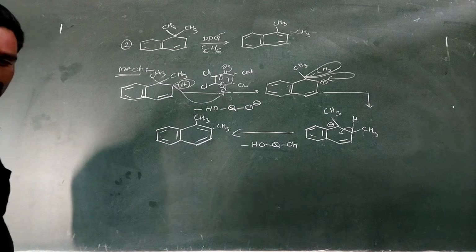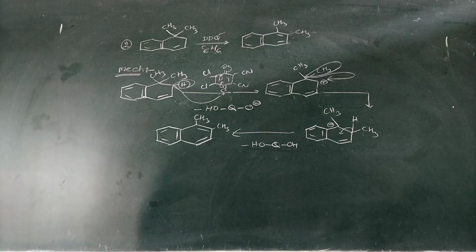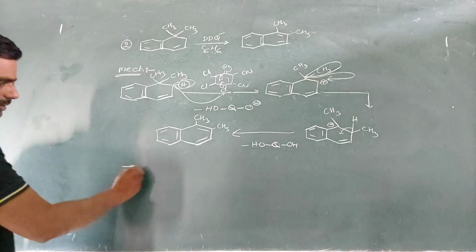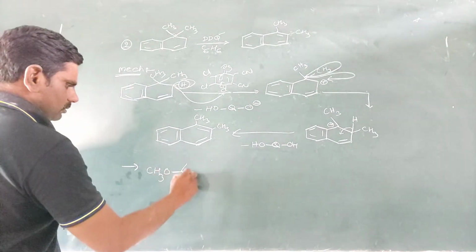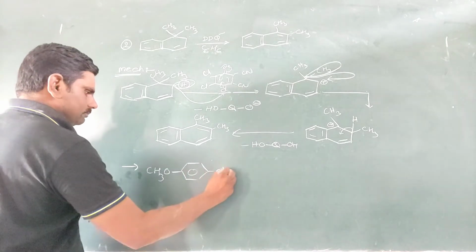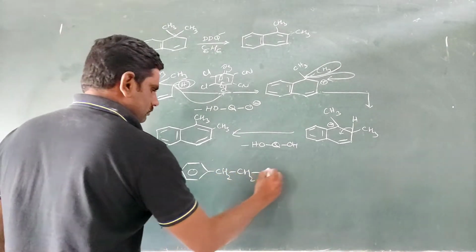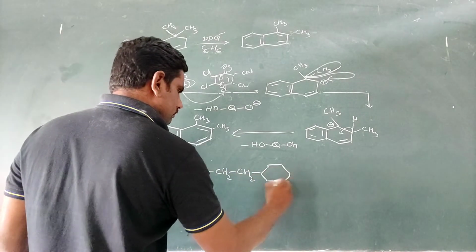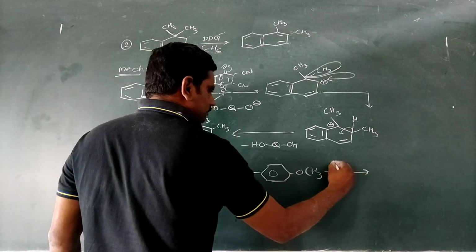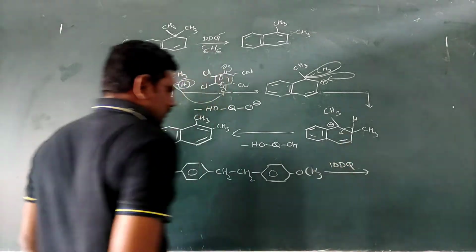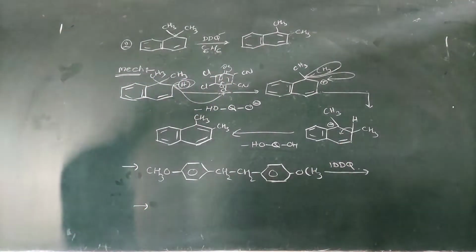So I will give you two examples. Try to write the product. See, take this example. One mole of DDQ is used. So what is the product? Write down the product.